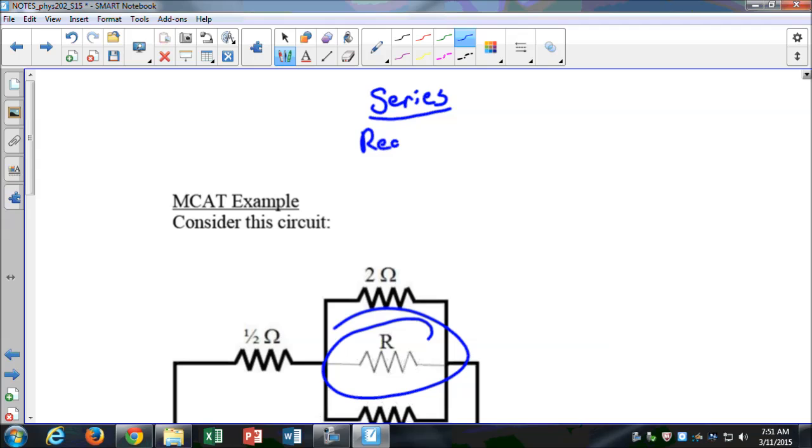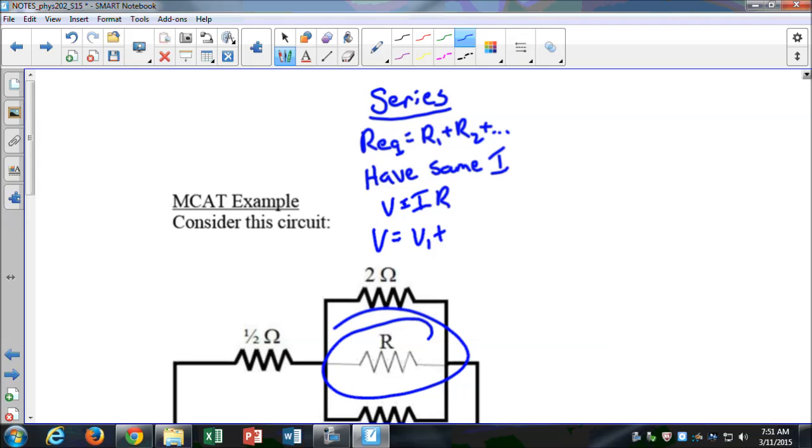The equivalent, first of all, is R1 plus R2. Resistors in series have the same current. For resistors in series, V equals IR, right? That's true for all resistors. And for resistors in series, the total voltage is equal to the sum of the individual voltages.